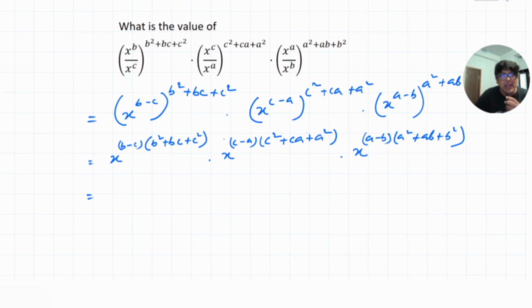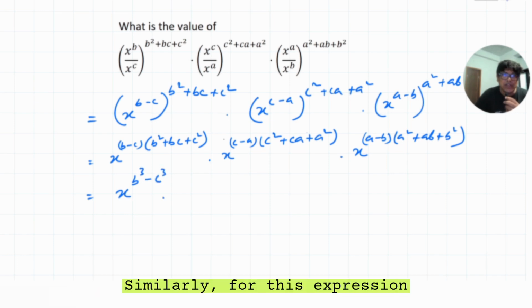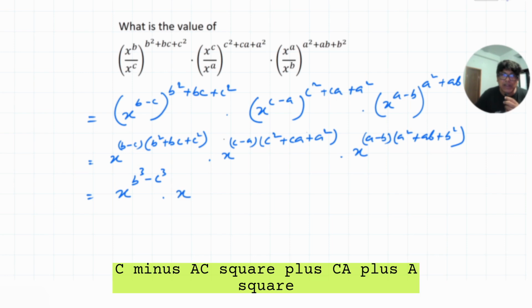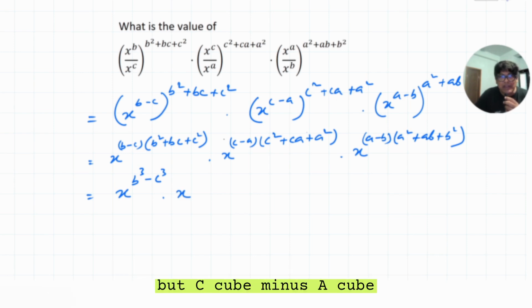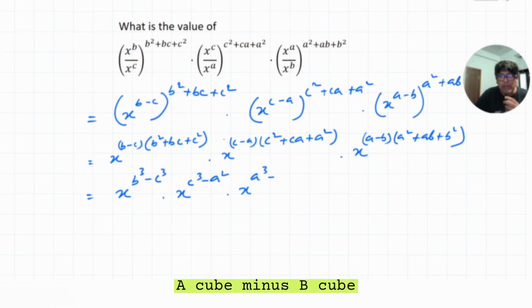is nothing but x to the power of b cube minus c cube. Similarly, for this expression c minus a, c square plus ca plus a square, this is nothing but c cube minus a cube. Again, similarly, x to the power, for this one, a cube minus b cube.